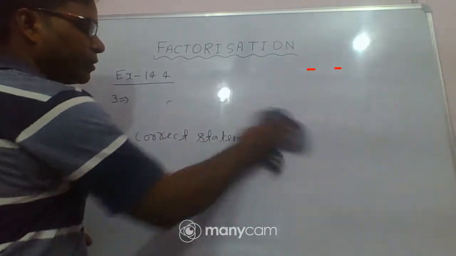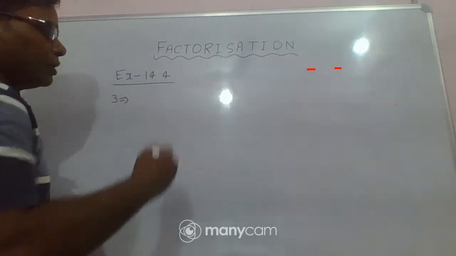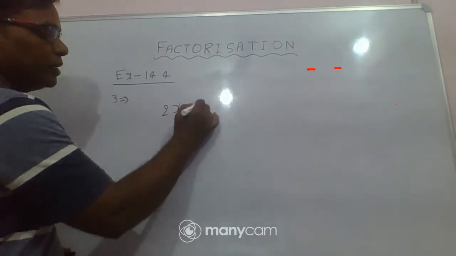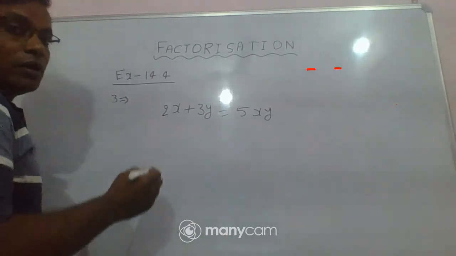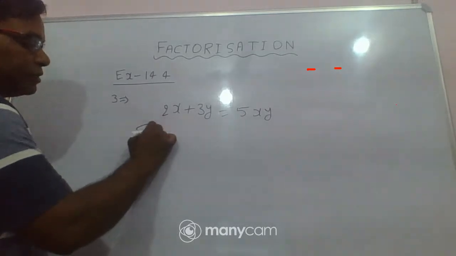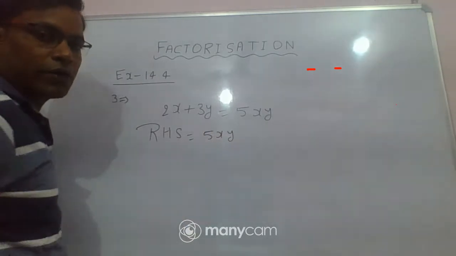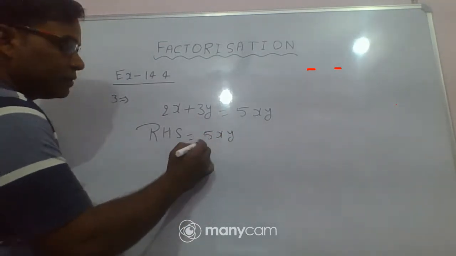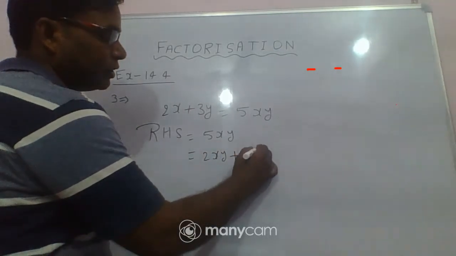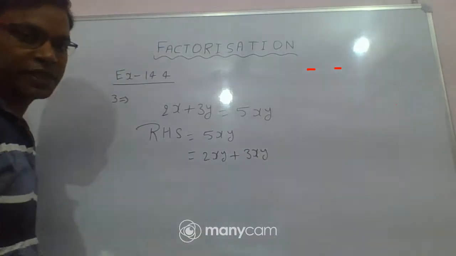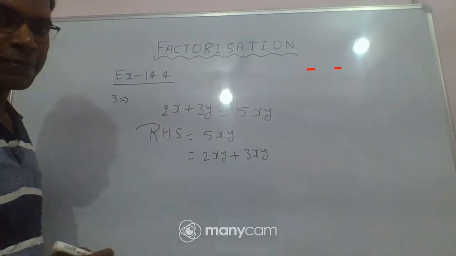Suppose we take the right hand side, then what is the correct statement? Suppose here this is given 2x plus 3y is equal to 5xy. So if we take the right hand side, which is 5xy, you can also write it as 2xy plus 3xy.